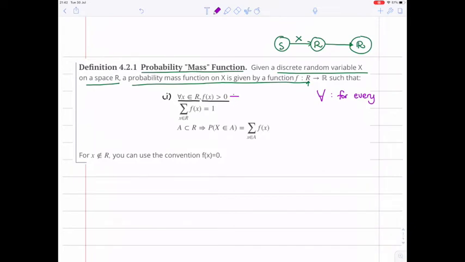So what this is saying is that for every possible measurement, the probability is positive.